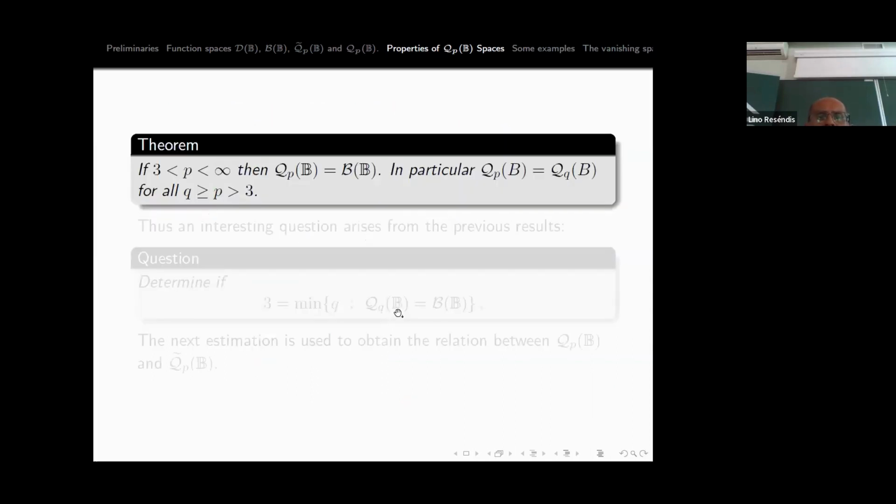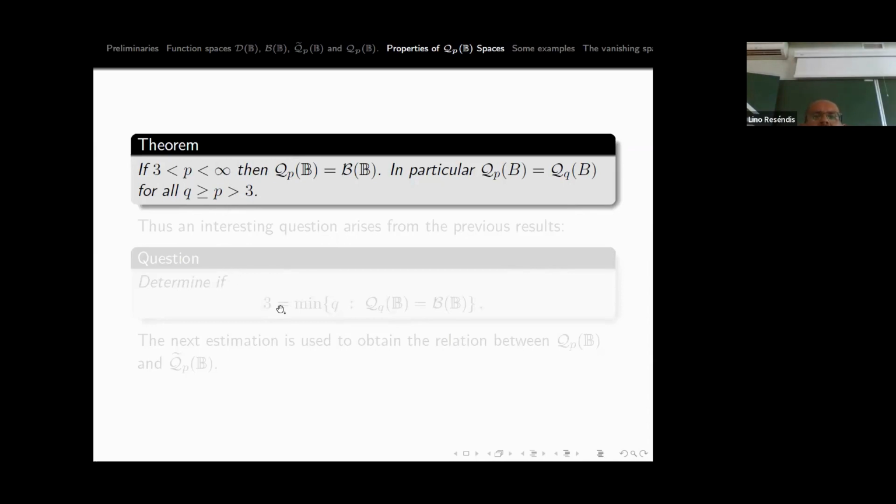Okay, and then we have the following result. In general, if p is greater than 3, then exactly all Qp spaces are equal to the Bloch space. Okay, and then in particular, all Qp spaces are equal between them for all Q and P greater than 3.